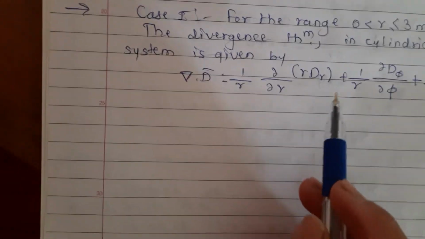This is equation 1. So this is the divergence theorem in the cylindrical system.